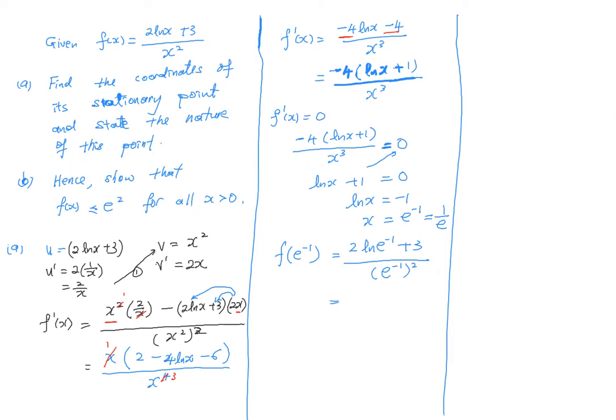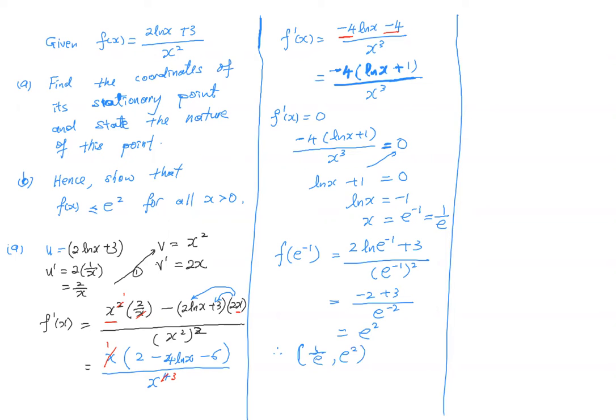So this one is negative 2 plus 3 over e to the power of negative 2. So the answer is e squared. So therefore, the coordinate is 1 over e and e squared.